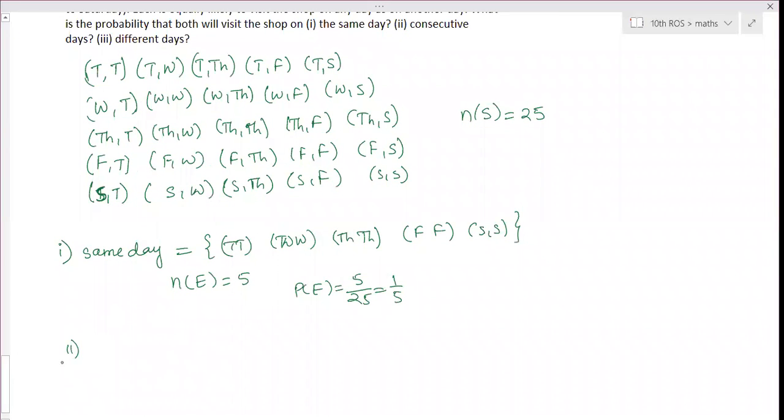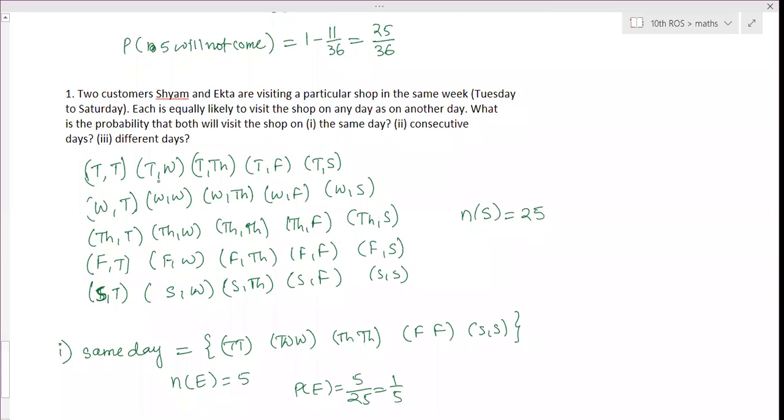Then the second one, on consecutive days. Tuesday, Wednesday is one. Tuesday, Thursday are not consecutive. Tuesday, Friday are not consecutive. Wednesday and Tuesday are consecutive. Wednesday, Thursday is consecutive.